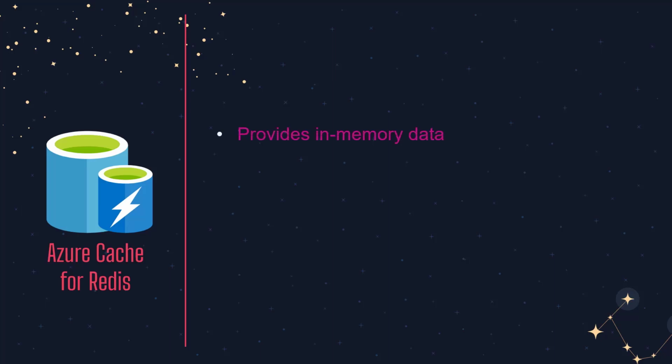It is based on the open source implementation of Redis Cache. You can also cache data in other services like Azure Storage, Cosmos DB, or even SQL database. But Azure Cache for Redis is the service that is specifically designed for caching. Because of that, it has its own advantages.